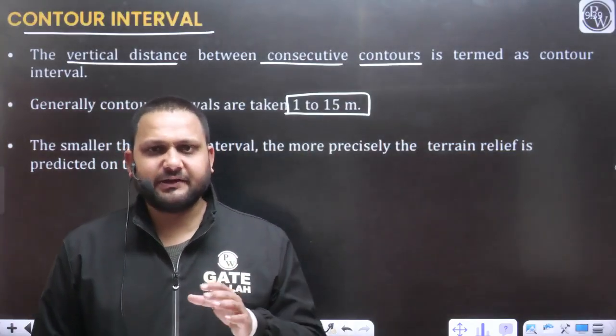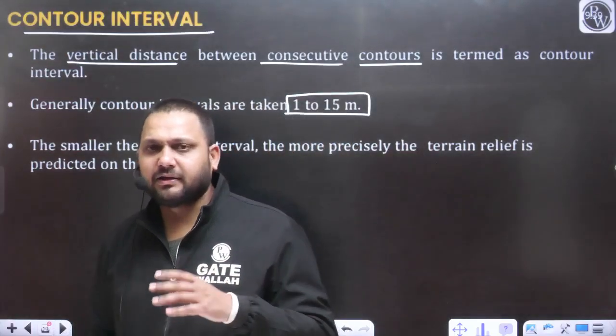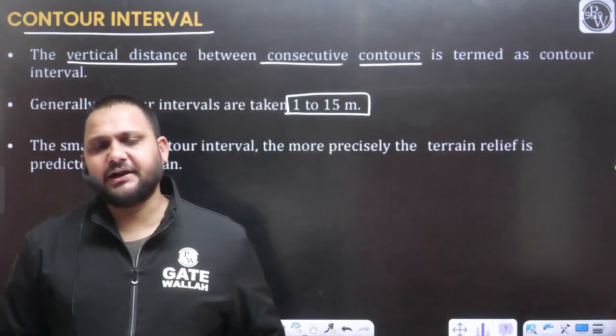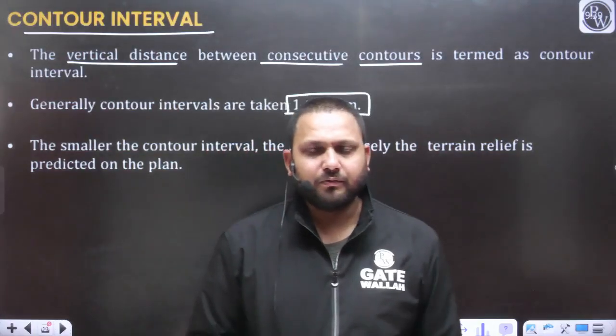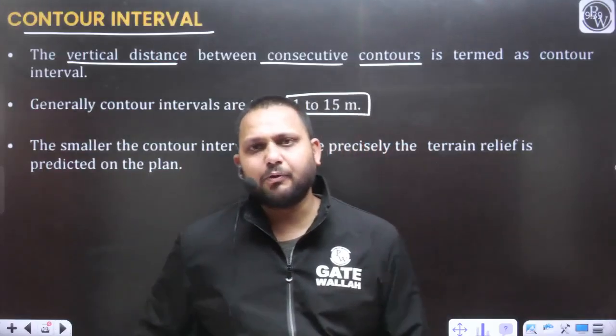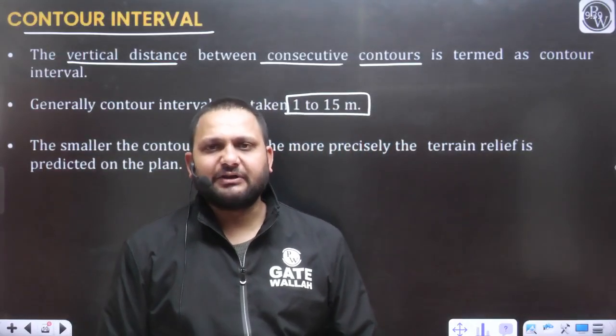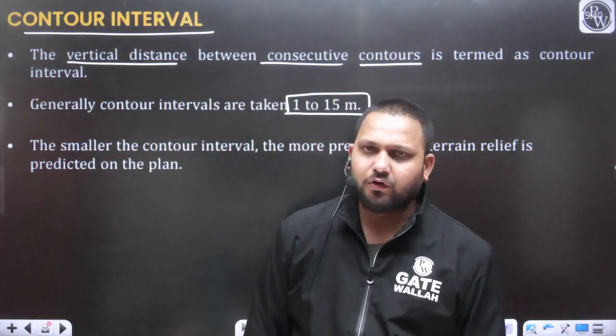When I have to complete the work in 1 day, I cannot take many readings. So in the first case, when I have less time, I will take a larger contour interval, so that we can finish our work in time. Yes or no?